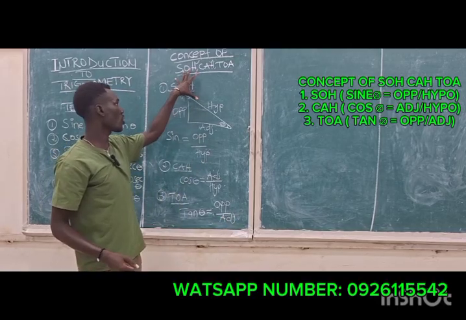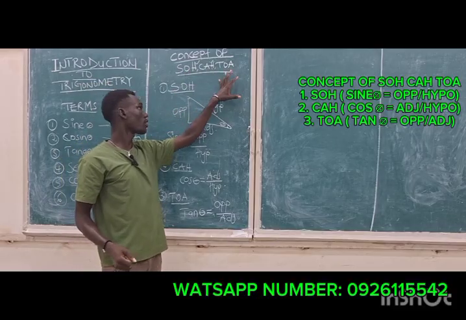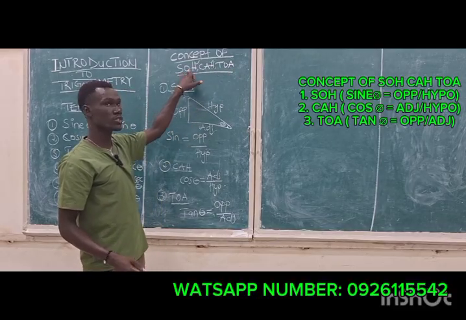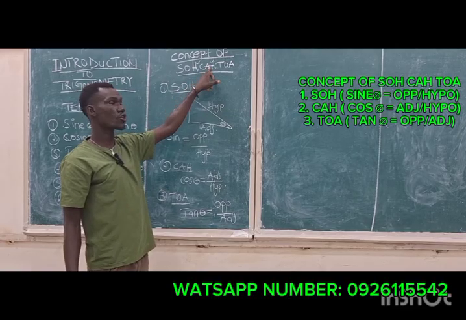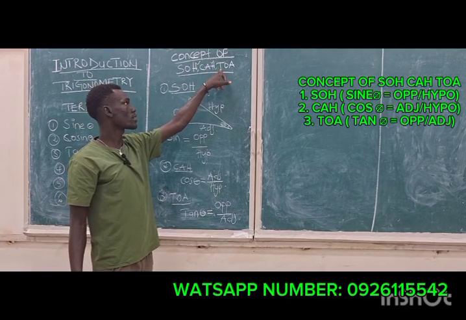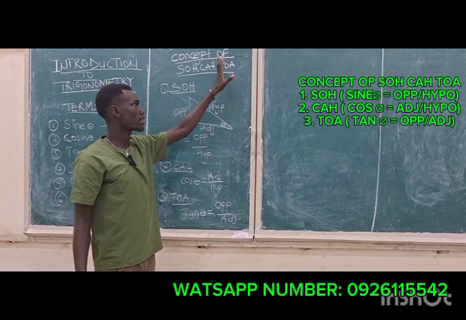Finally, we have reached the concept of SOHCAHTOA. SOH stands for sine, opposite over hypotenuse. CAH stands for cos, adjacent over hypotenuse. TOA stands for tan, that is opposite over adjacent.